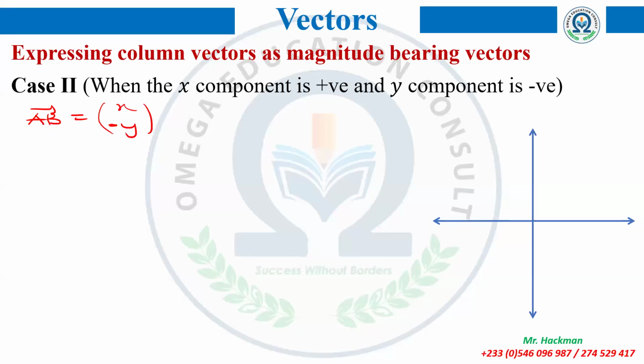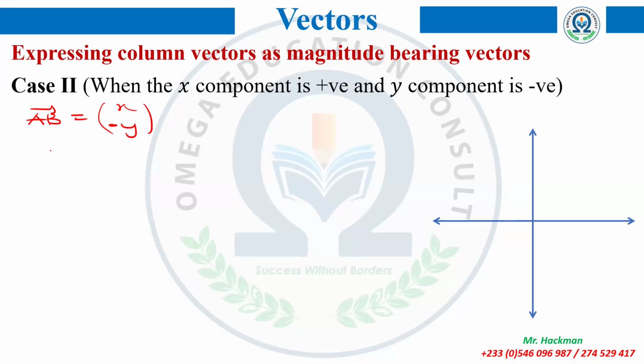My professors, I hope you are following. Please, if you don't get anything, let me know. This is the most technical aspect of vectors, how to find the bearing. It's technical, but very, very easy, and I'll try as much as possible, as I've been doing, to break it down, provided you ask the necessary questions as well. So this is what we have.